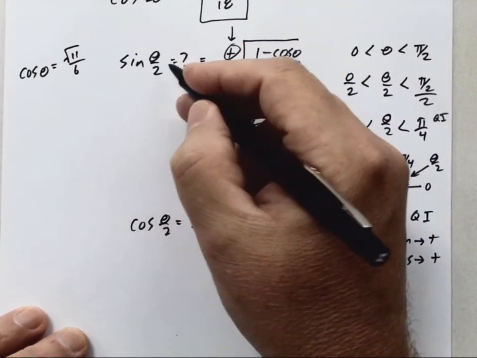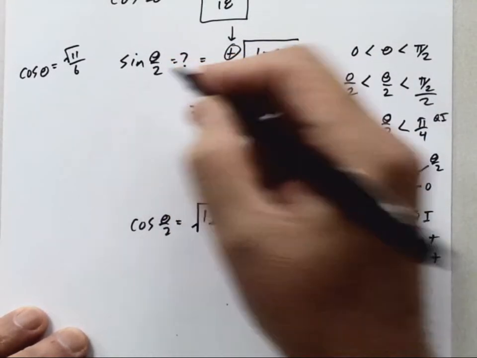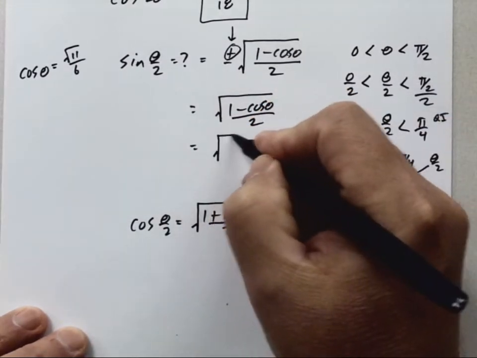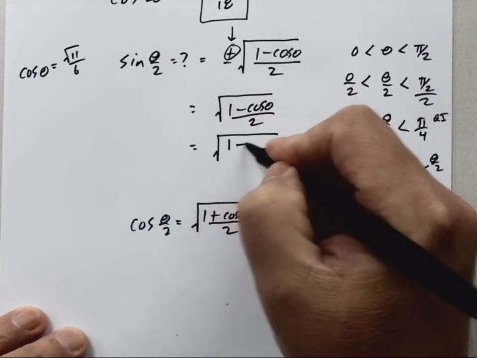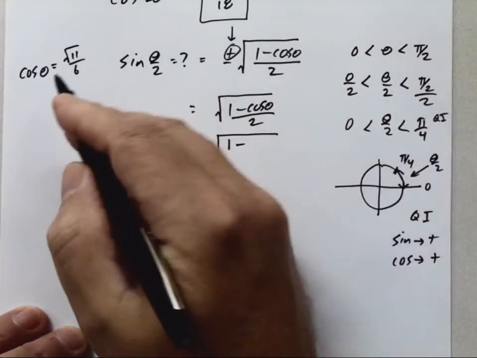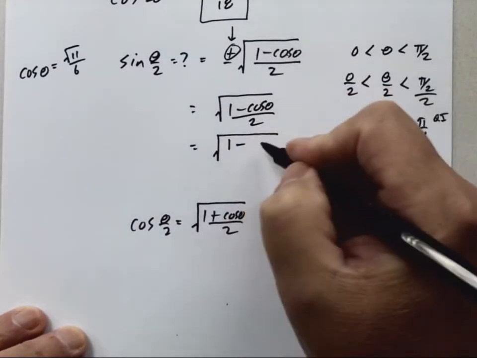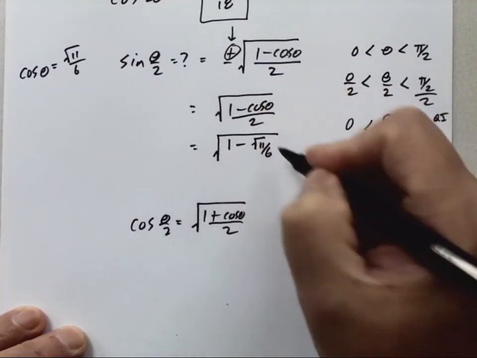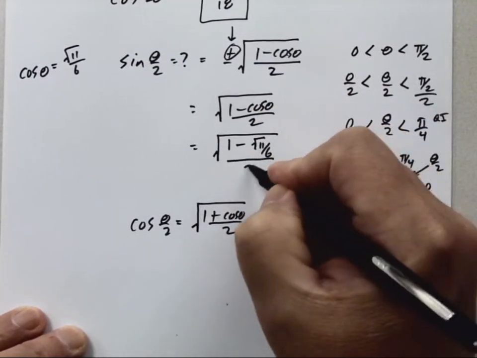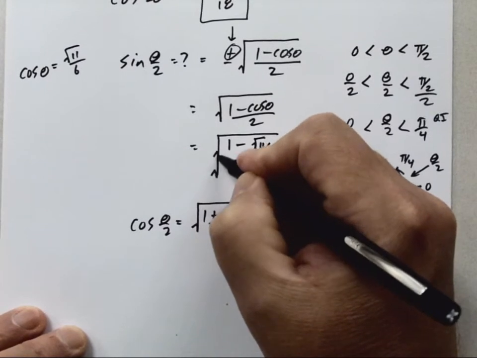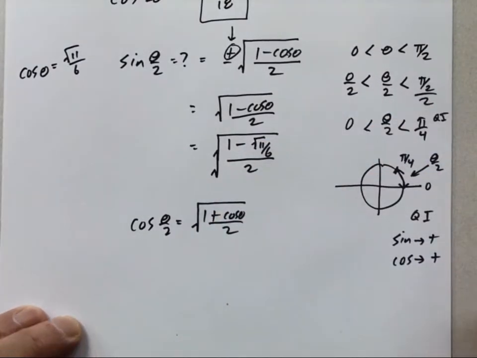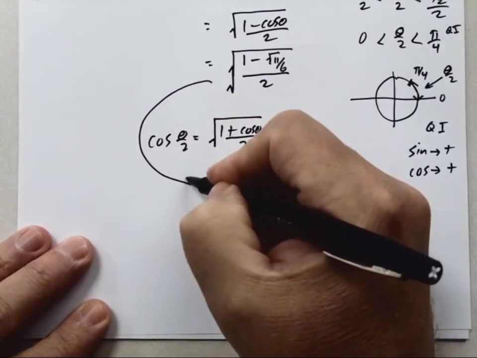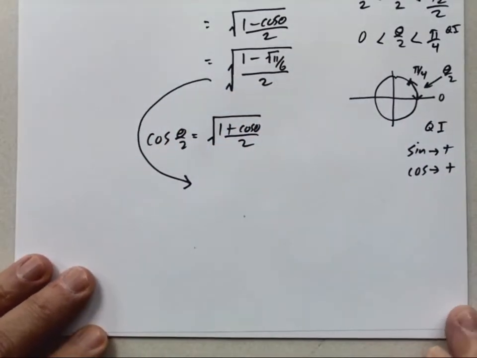So let's do the math now. So now we know that for sine of theta over 2, this is the formula. One minus cosine of theta, which is square root of 11 over 6, and this whole thing over 2. You know what? I'm going to have to jump down here and do some simplifying.